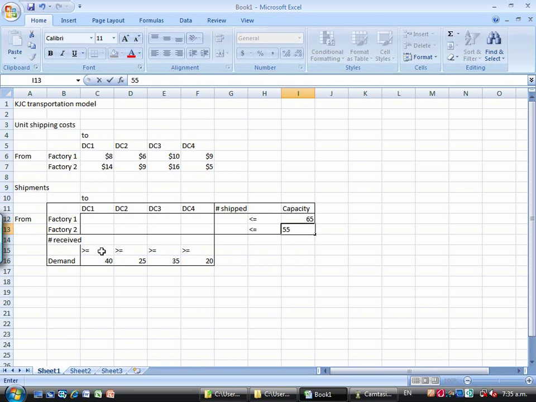So we're beginning to build up the spreadsheet here. Now the number shipped will be equal to the total shipped from factory 1 to factory 2.